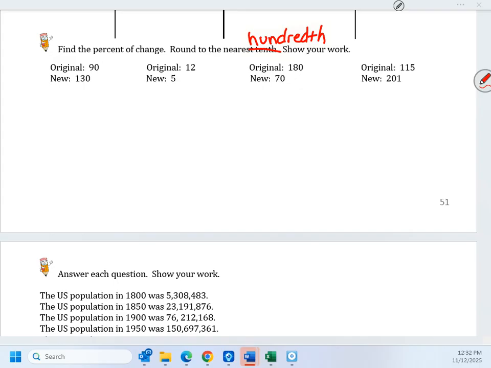You're going to do that same math. Remember, finding the difference, you put the big number first, subtract the small number, divided by the original number. So you must show your work. Write out your calculation that you're doing. Okay, 130 minus 90 is 140 divided by 90.